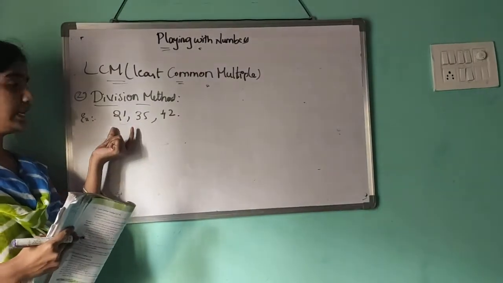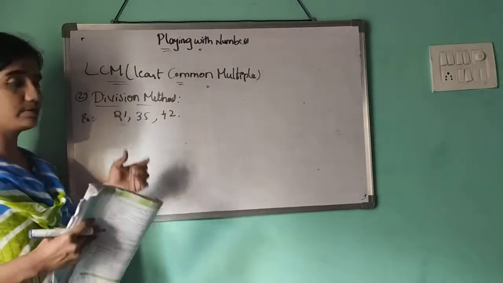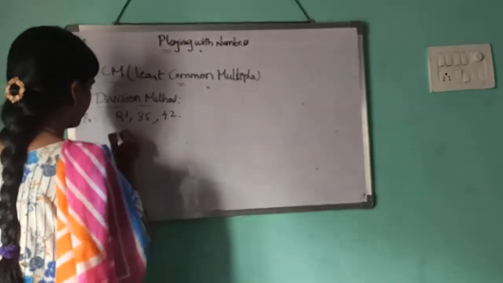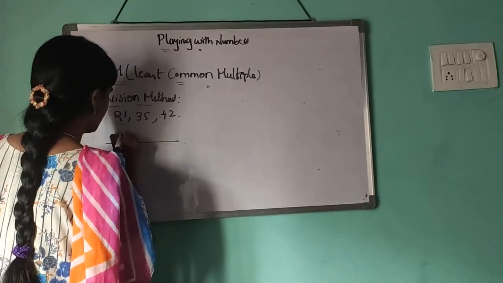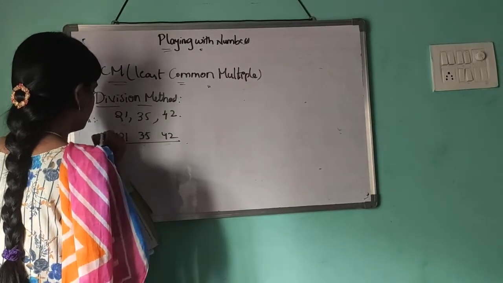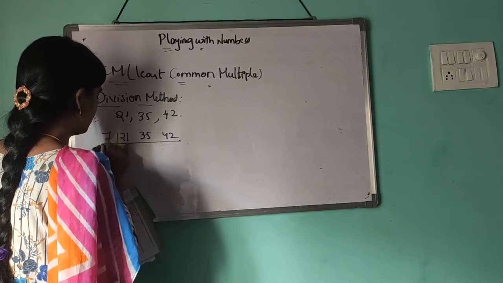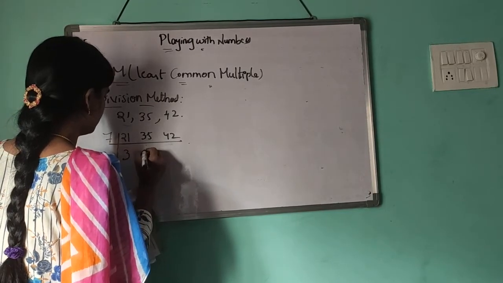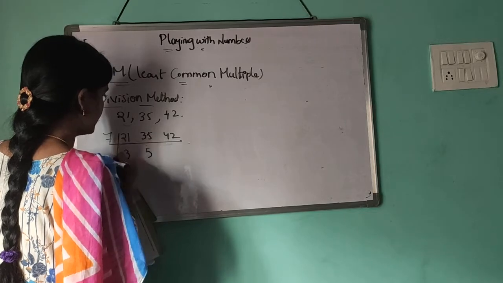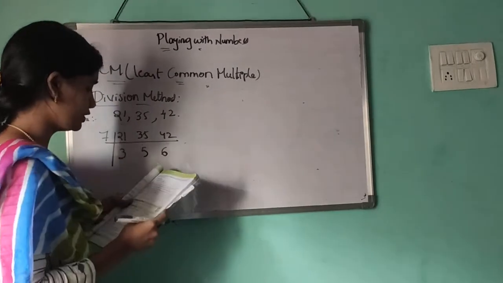Find the LCM of 21, 35, 42 by using the division method. Here 21, 35, 42: the 7 table is divisible. 7 threes are 21, 7 fives are 35, 7 sixes are 42.